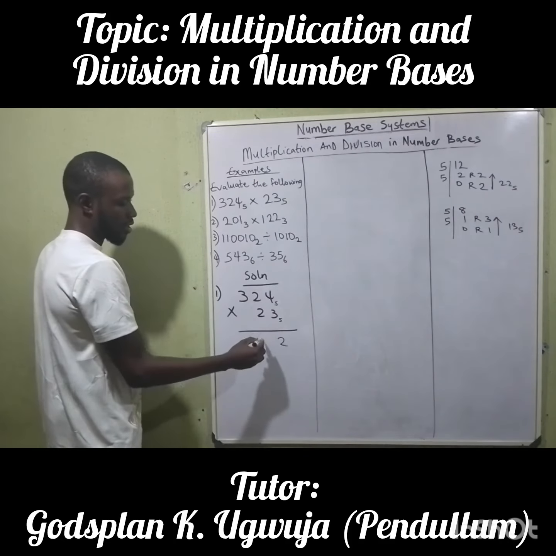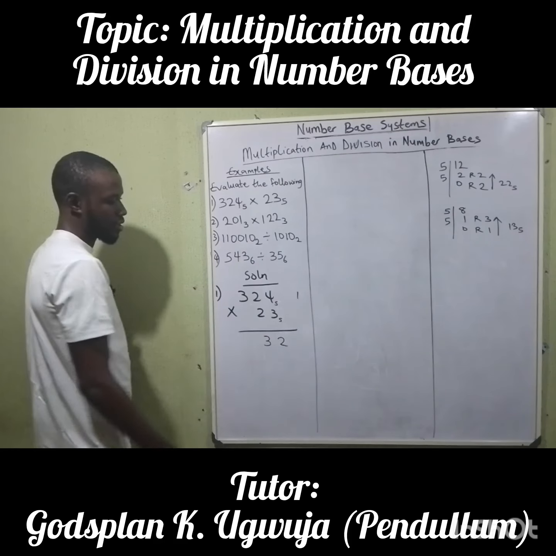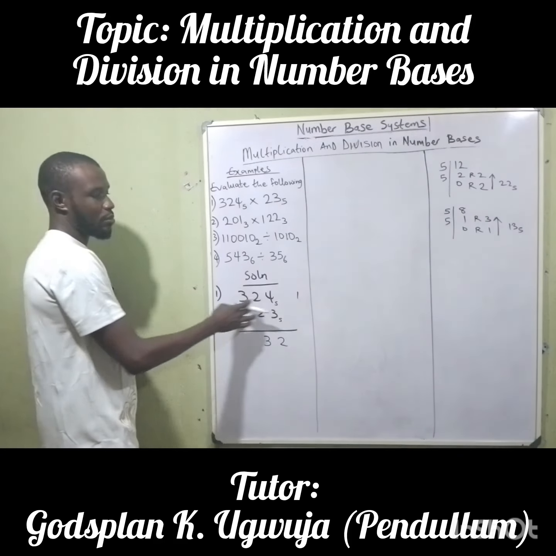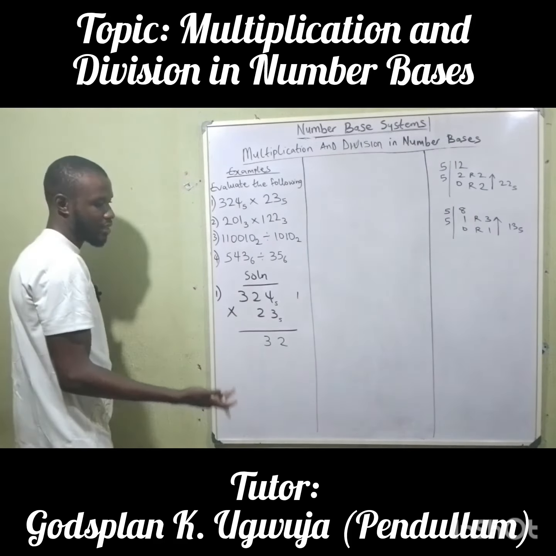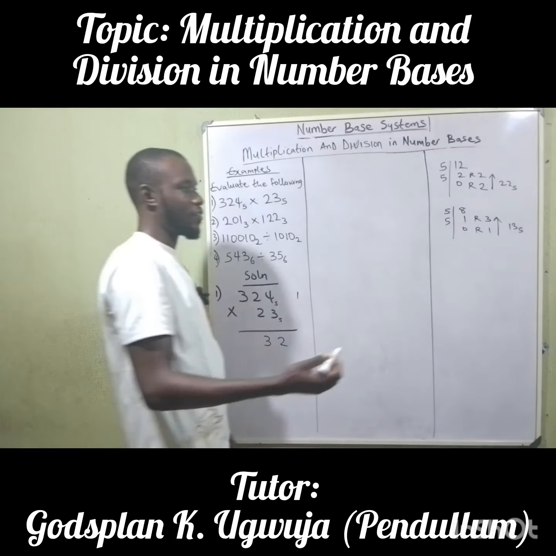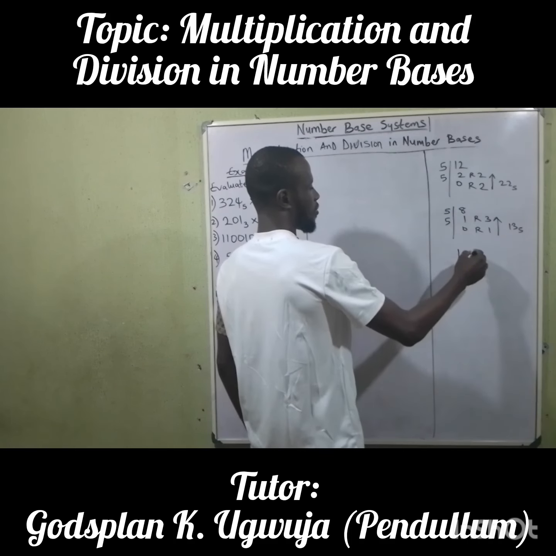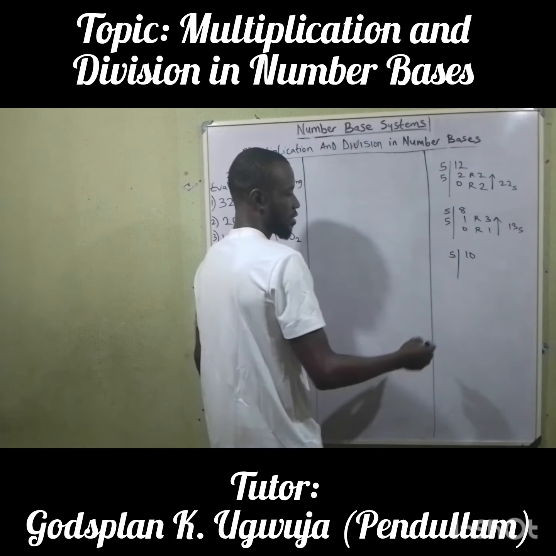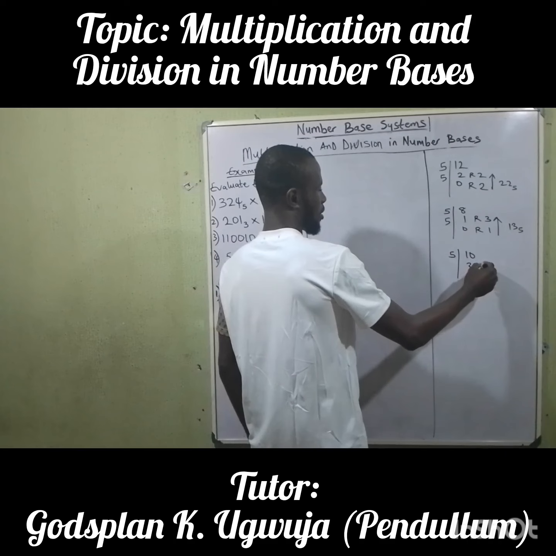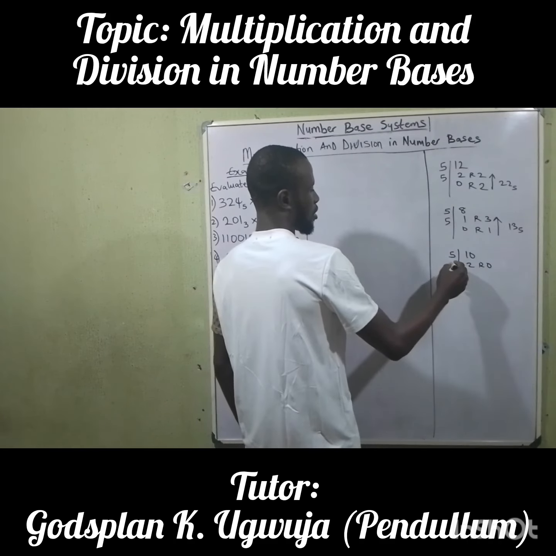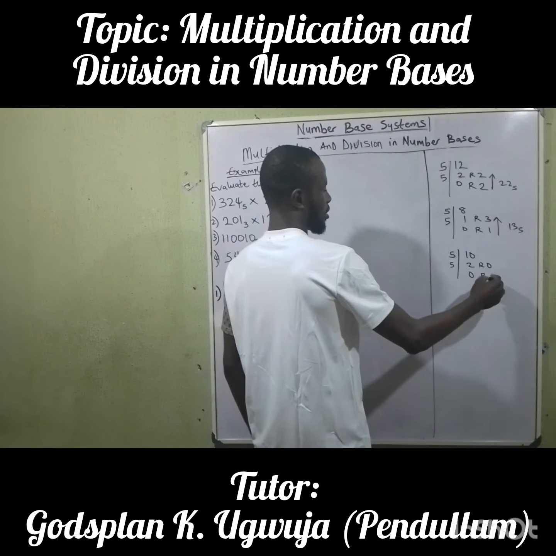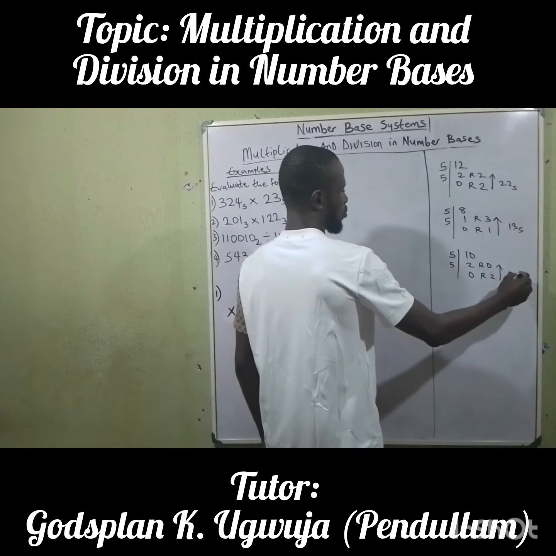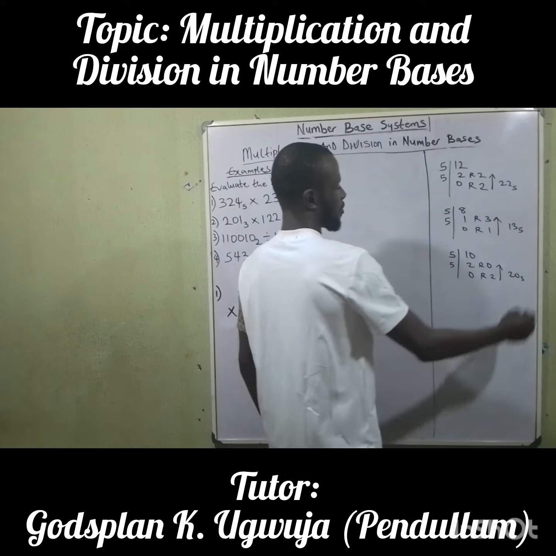So we're going to write down 3 and carry 1. 3 times 3 is 9 plus 1, 10. 10 is also not a base 5 number, so let us convert 10 to base 5. This is 2 remainder 0 and 0 remainder 2. So this is 20 in base 5.